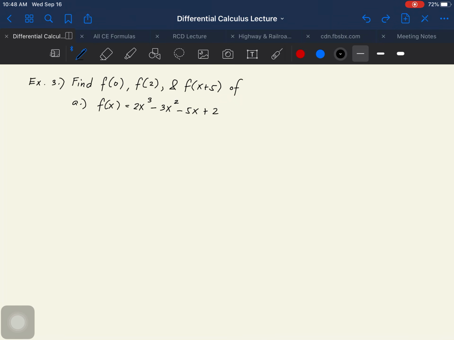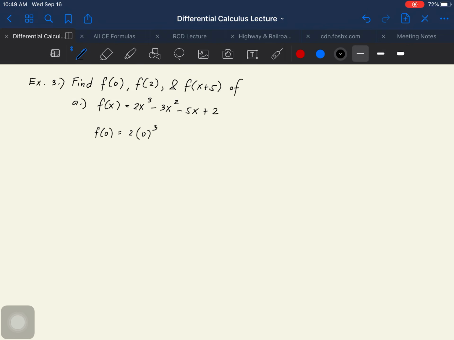Let's solve first for the value of f of 0. So what is the value of f of 0 for this equation? Let's substitute 0 with x. So as you can observe, we are substituting whatever value here to the variable being used here. Okay?